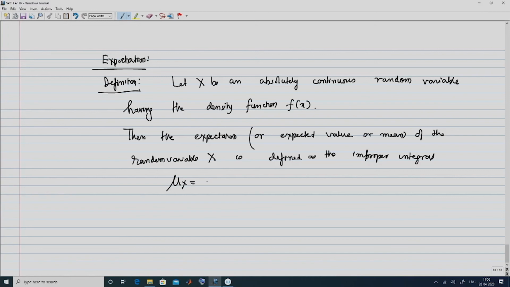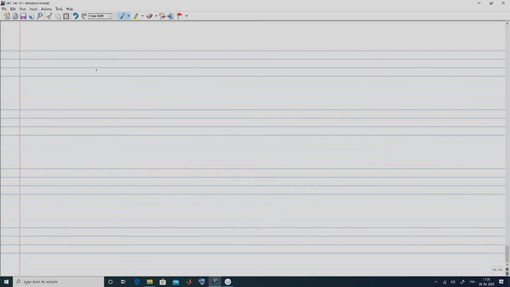As before, I will use mu x as the notation for expectation of X, and this is defined as the improper integral from minus infinity to plus infinity of x into f of x dx. So, this is similar to summation x_i into P of X equal to x_i. However, we need the condition, provided that the integral from minus infinity to infinity of the absolute value of x f of x dx is finite.